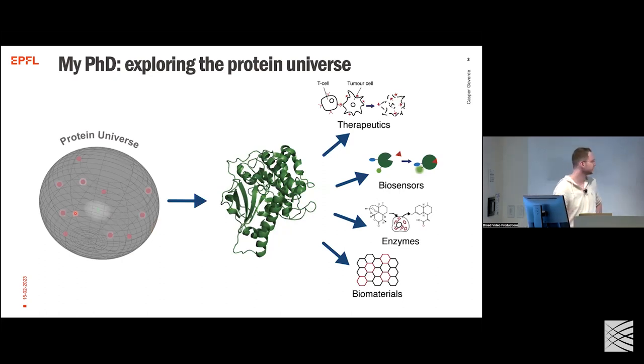And nature has already explored a part of this protein universe, which you see here in green. I don't know how well you can see it, but here in the center, this is the part that is explored by nature.